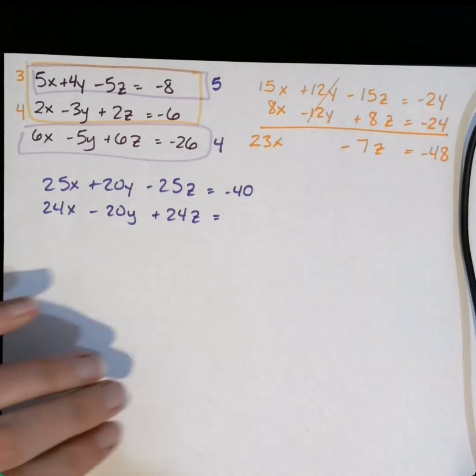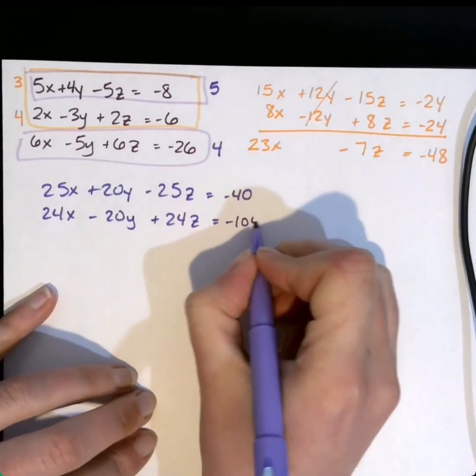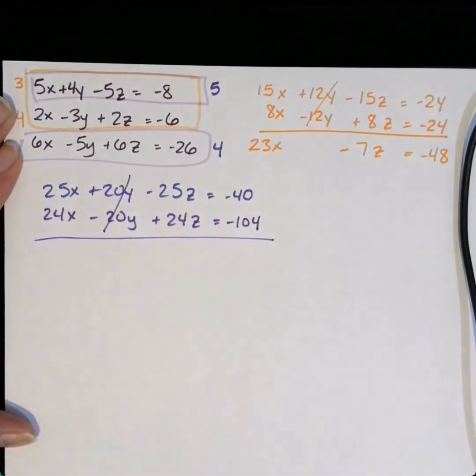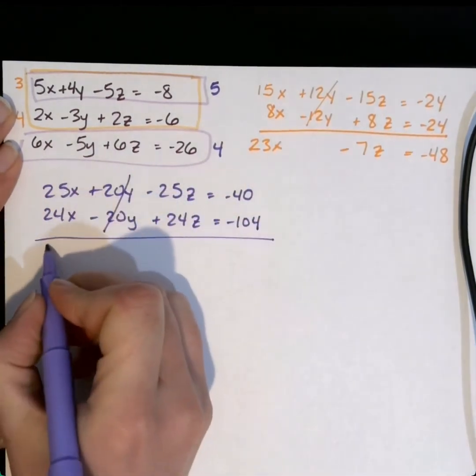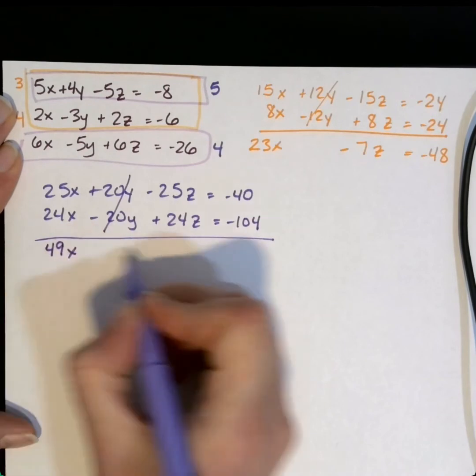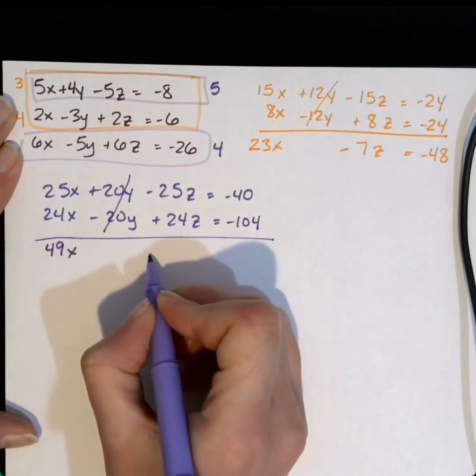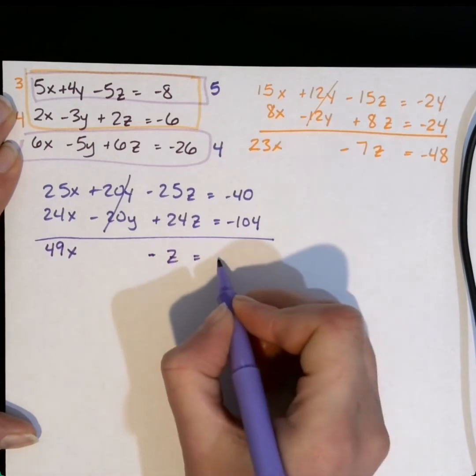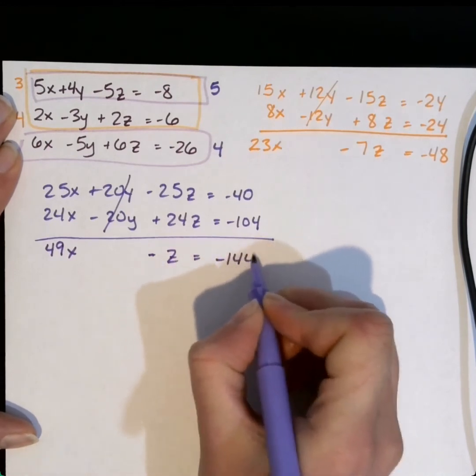So 104, so negative 104. All right, and we'll add those up. The y's will add to 0y. And looks like 49x, and then minus z equals negative 144.